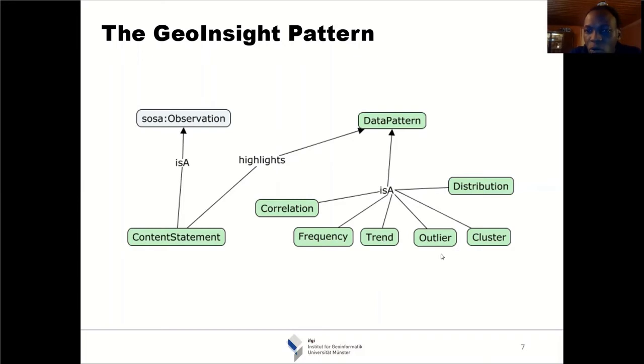We have trend and outlier, which were observed already in earlier work, but we do have things like cluster, distribution, frequency, correlation, which were already identified in the information visualization literature. Now, anything that is neither of the six is an observation.